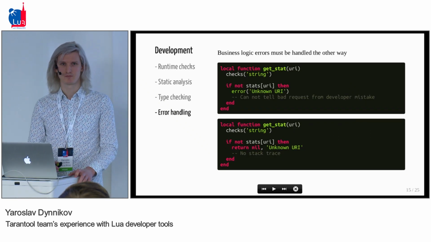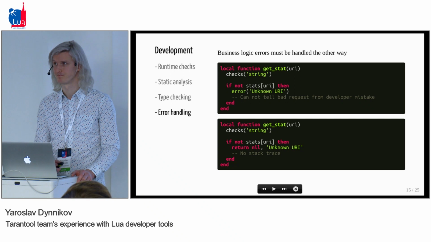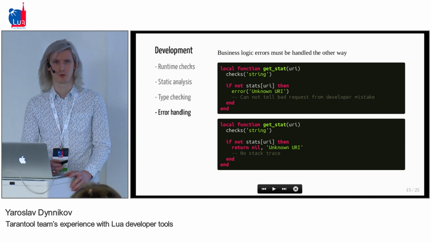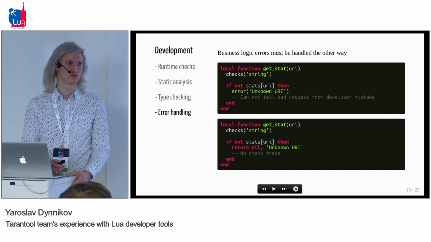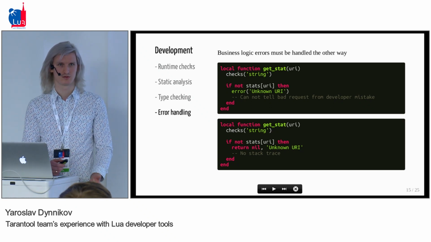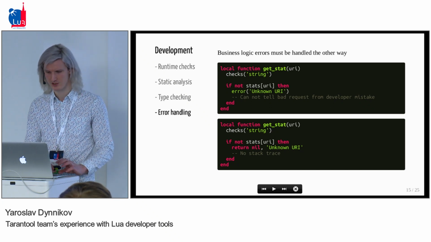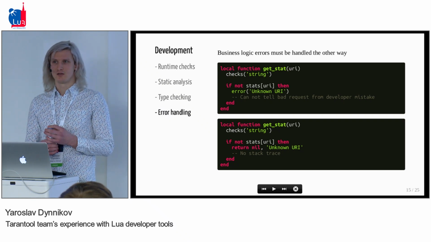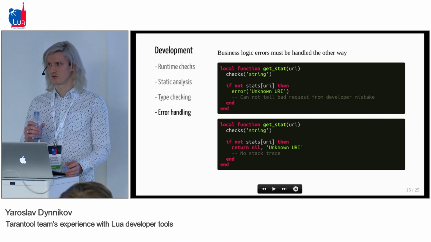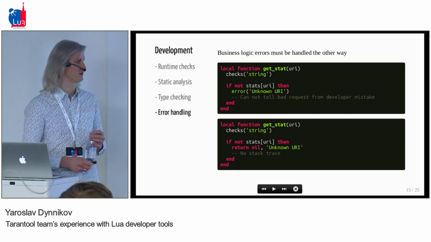But this single approach has two small problems. First is that if we use error everywhere, we are not able to distinguish developer mistakes and such problems with types from business logic errors. So Lua recommends that we instead return nil and a string.